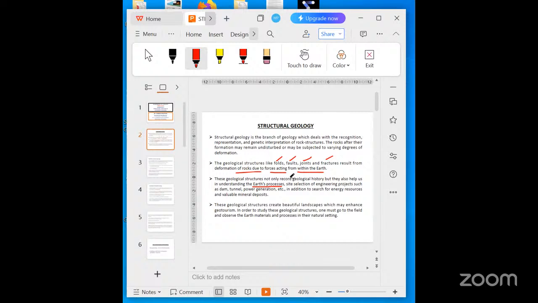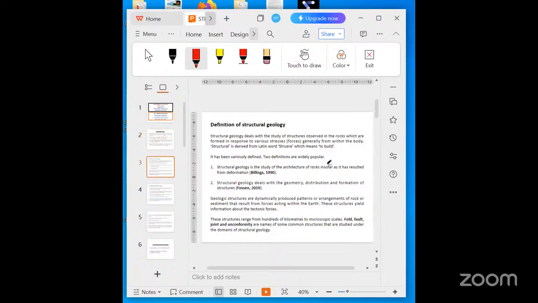These geological structures also create beautiful landscapes which may enhance geotourism. In order to study these geological structures, one must go to the field and observe the earth materials and processes in their natural setting, right?